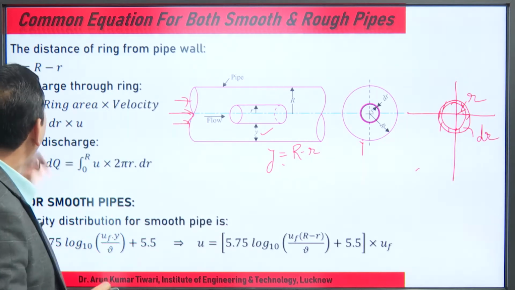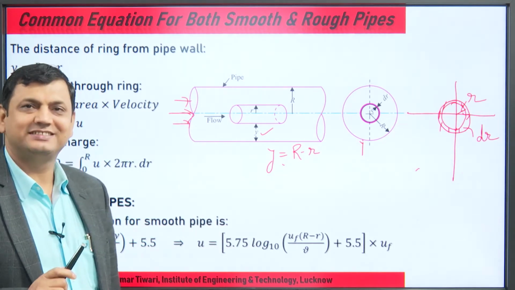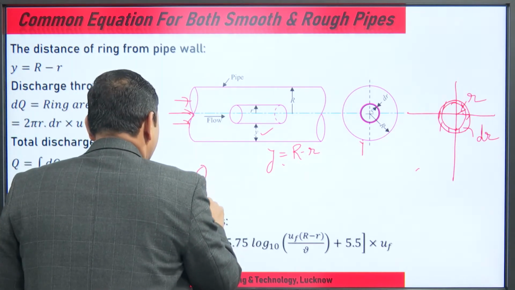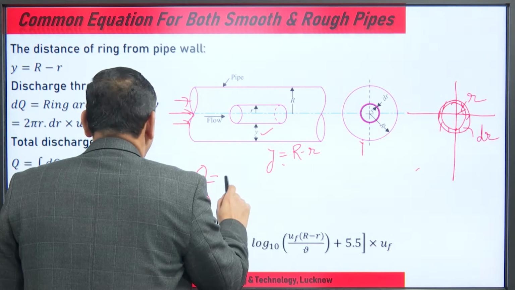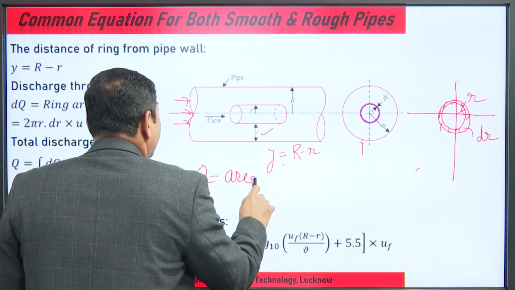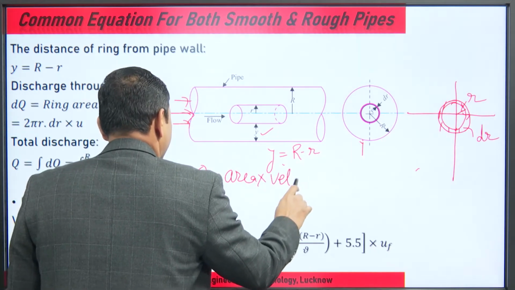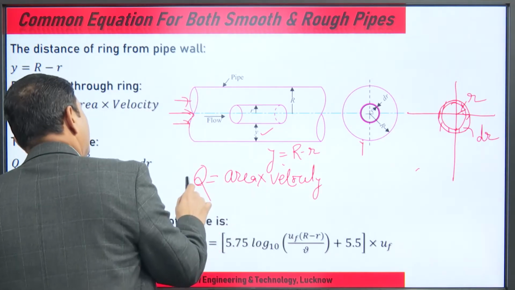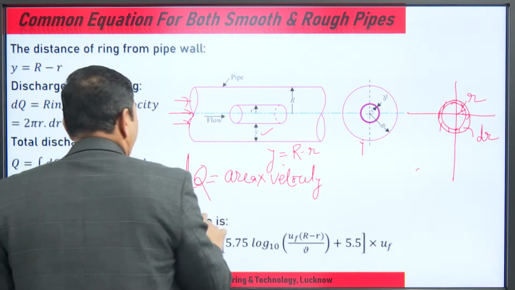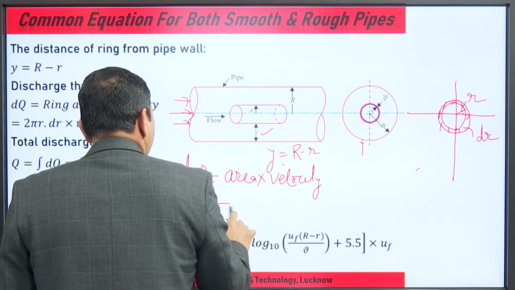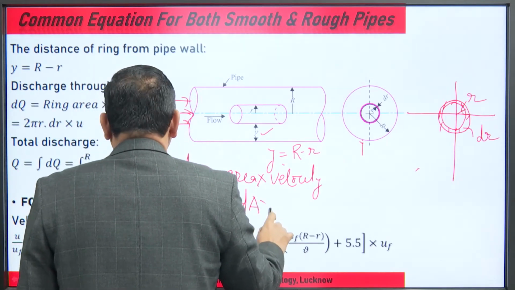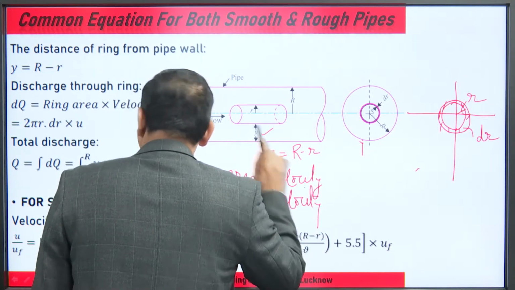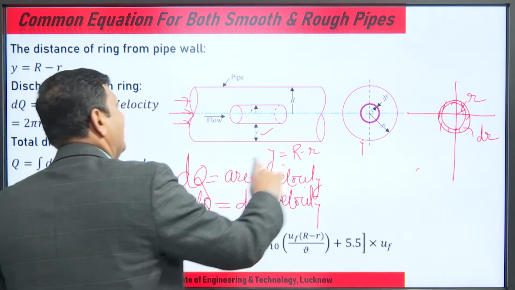How do you calculate discharge? Discharge is area into velocity. What is the ring area?